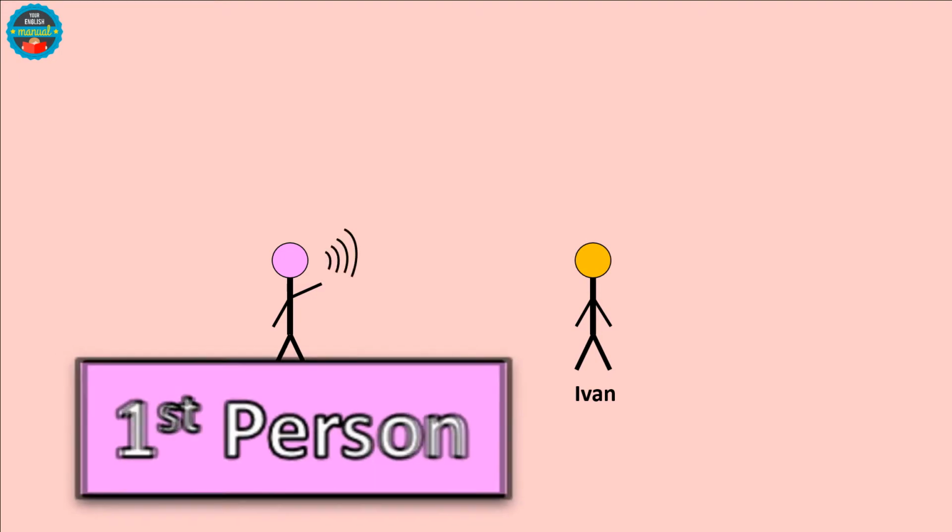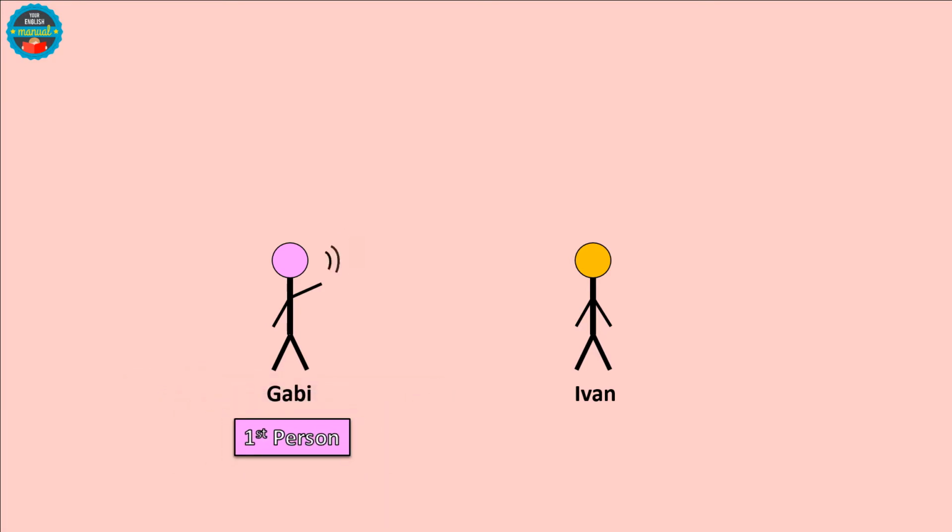It's one person talking to another person. The person who's talking is always called the first person. They are kind of considered the most important one. The person who's listening, in other words, the person that the first person is talking to, is called the second person. Let's see an example.